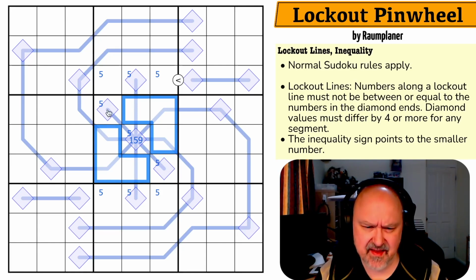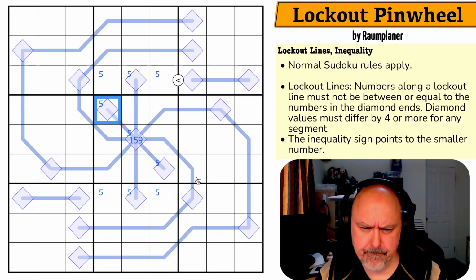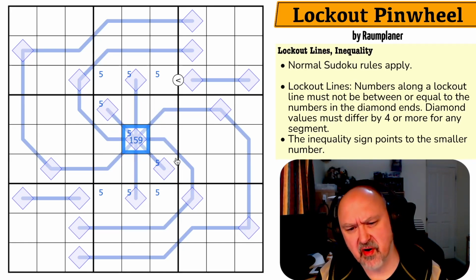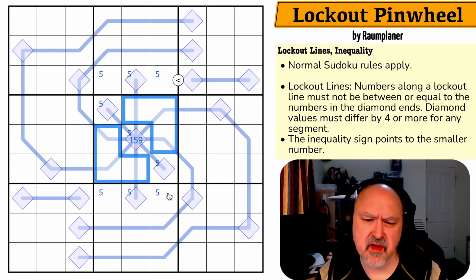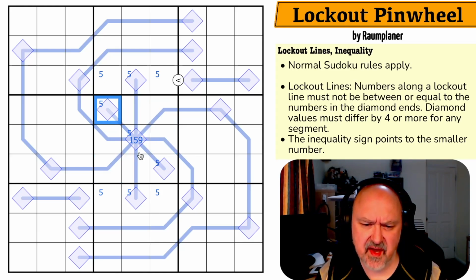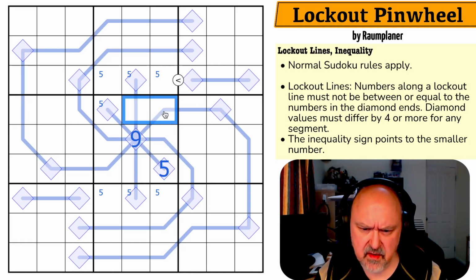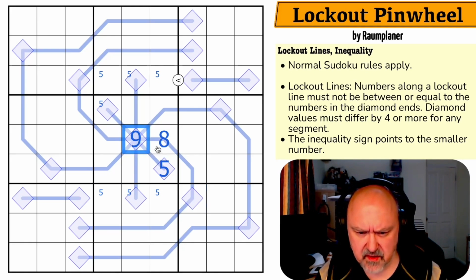I could put the 8 there. Where would I, if this was a 9, where would I put the 8 in this box? I don't think I could put an 8 in the box, except for possibly there. Because if this was 5, 9, and I made this an 8, whatever I made this, the 8 would be between.